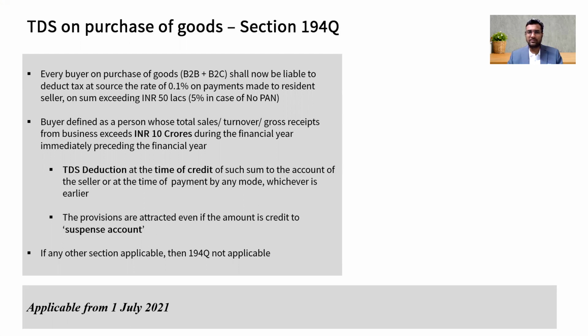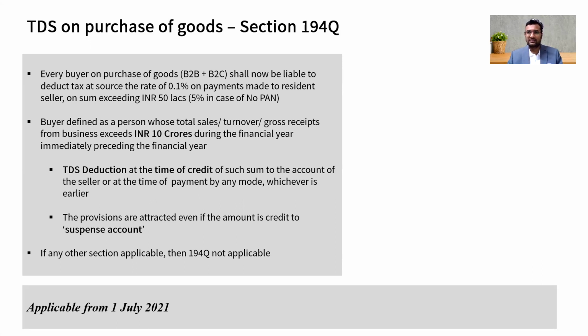It is applicable on payments made to a resident. So you purchase goods from a resident Indian on a sum exceeding INR 50 lakhs. In case in the current year you have bought goods of more than 50 lakh rupees, in a single transaction or cumulatively from the seller, you are liable to deduct TDS under Section 194Q at the rate of 0.1%.